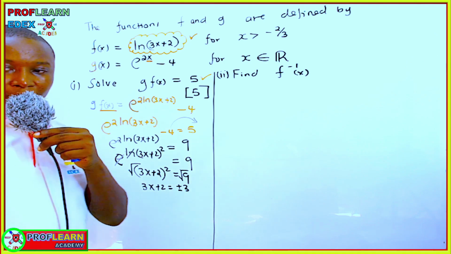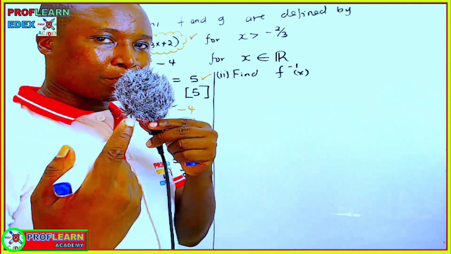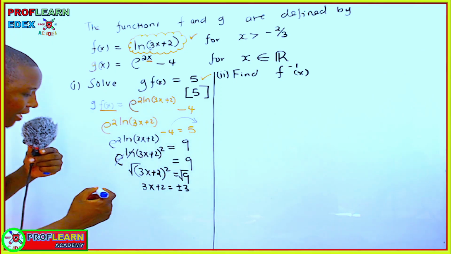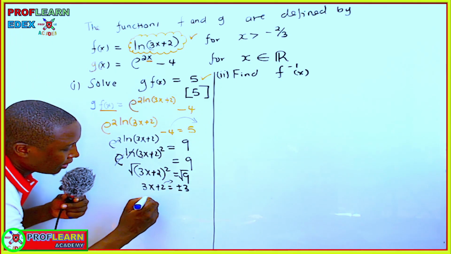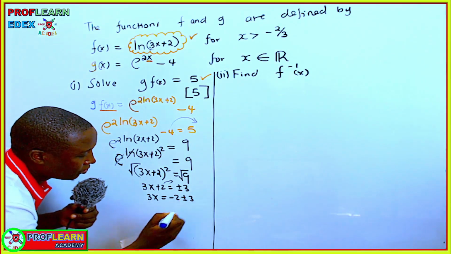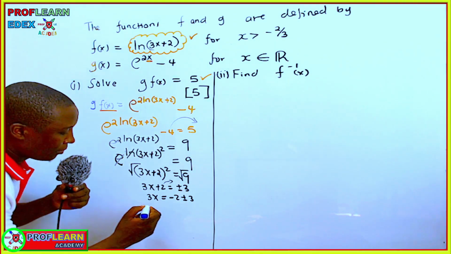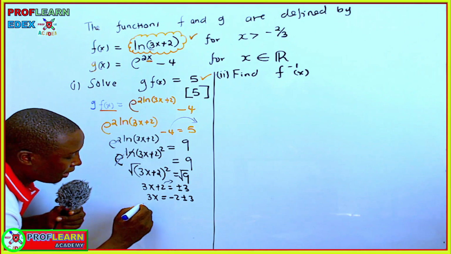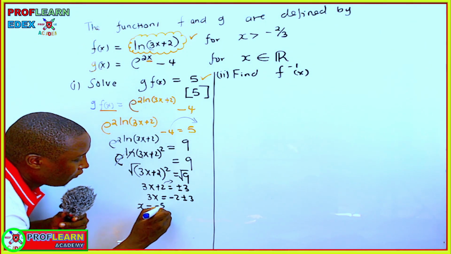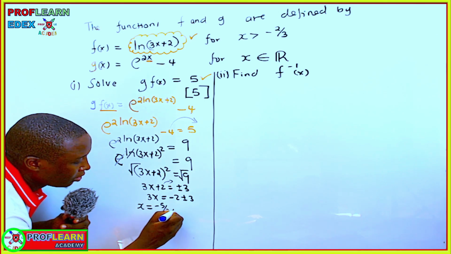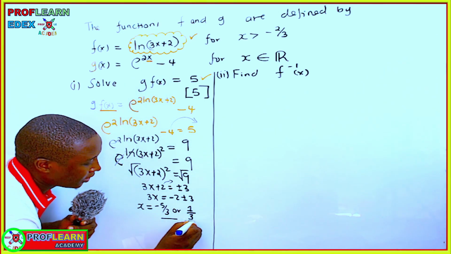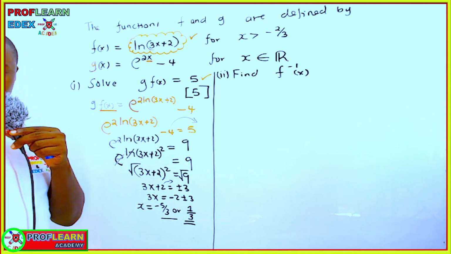Anytime you find a square root of a number, you get a positive or a negative, so take note of that. We take the 2 to the other side, so 3x equals minus 2 plus or minus 3. So our x is equal to minus 5/3 or 1/3. These are the two answers we have in this case.